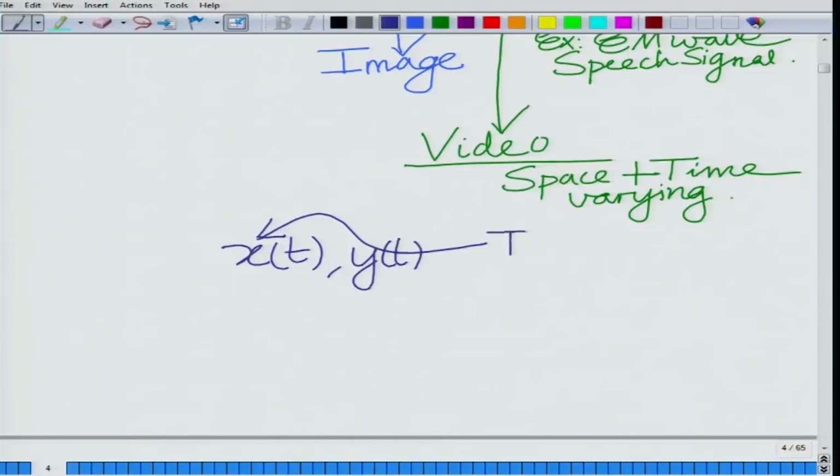So, these are time varying signals, and for instance x of t, y of t, etc. And many principles that we develop for the analysis of such signals, which vary in time in a single dimension, can also be extended to 2-dimensional or 3-dimensional video signals, or a separate set of techniques can be developed for them, but based on the fundamental principles that we learn for this time signal.